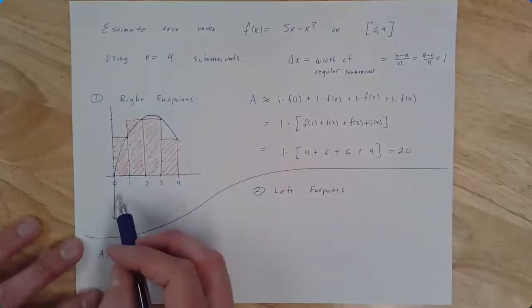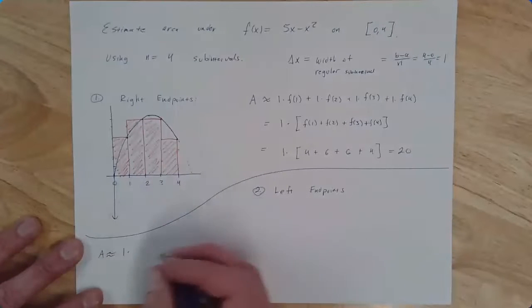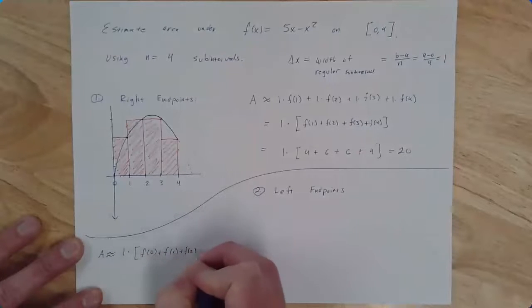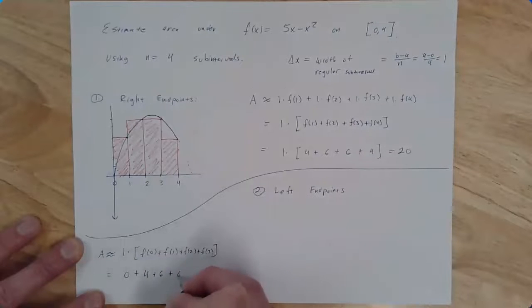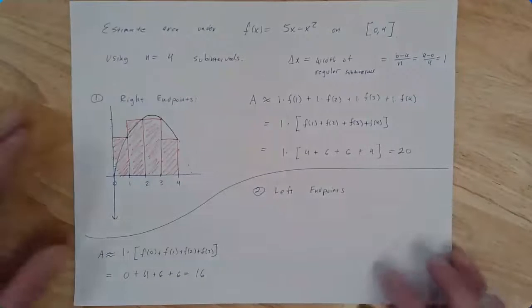My left endpoints, instead of 1, 2, 3, and 4, are 0, 1, 2, and 3. So we're going to find f of 0 plus f of 1 plus f of 2 plus f of 3, which is going to be, the f of 0 is 0, f of 1 is 4, f of 2 is 6, f of 3 is 6. So we're getting 16.